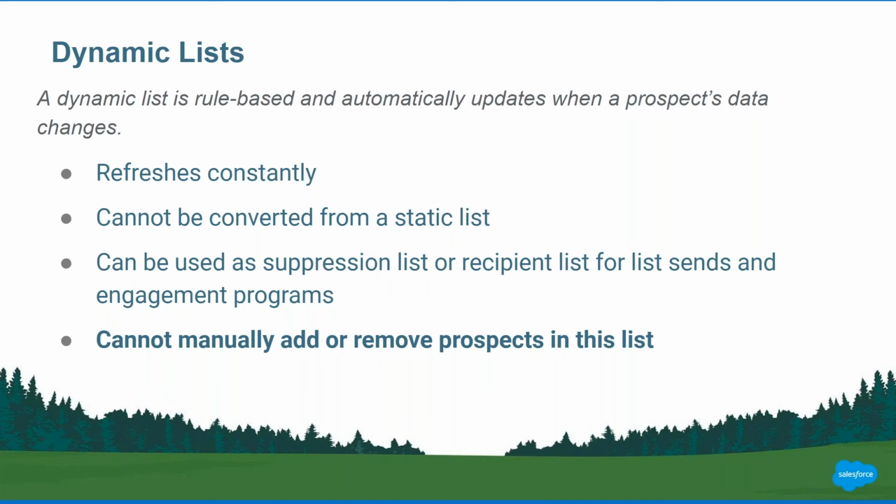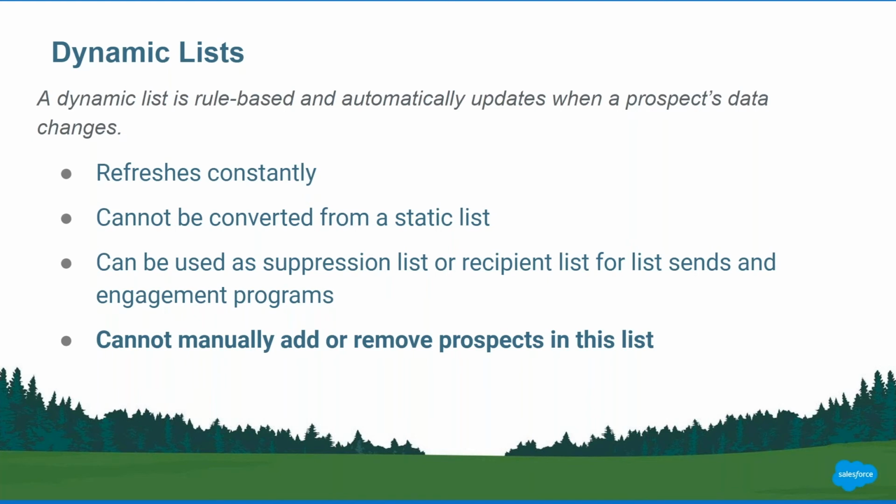The most obvious thing here is that it refreshes constantly based on the criteria that you define. It cannot be converted from a static list, meaning if you have created a static list, you can't change that into a dynamic list. It can be used as a suppression list or recipient list for list sends and engagement programs. And one key feature is that you cannot manually add or remove prospects in this list.